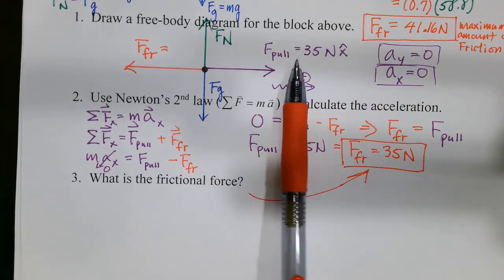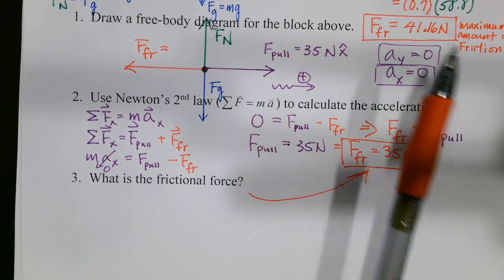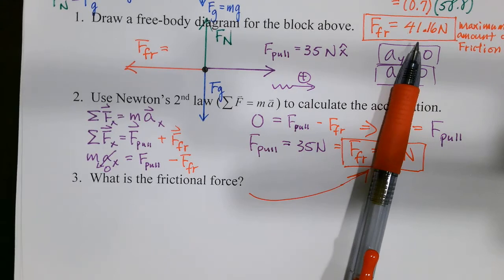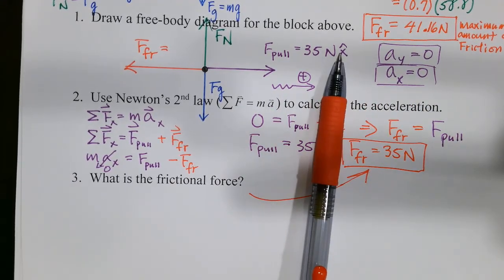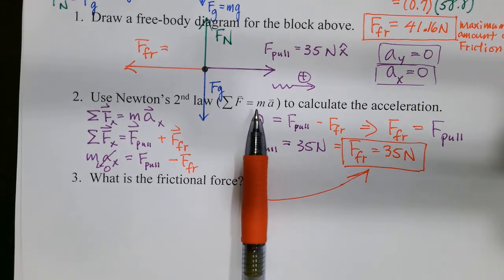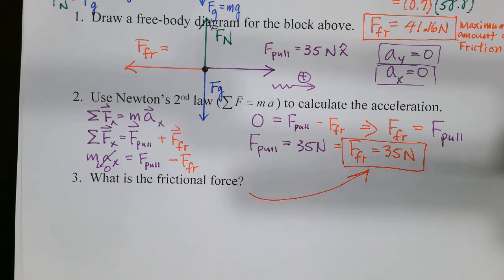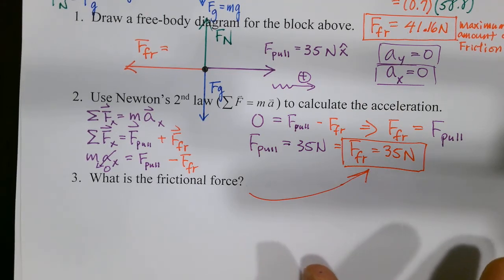So if I were to pull this thing with 51.16 newtons, my frictional value will still be 41.16, but my net force in the x direction will no longer be 0, but it will be 10 newtons. Okay? All right, so that's a very important concept for friction.